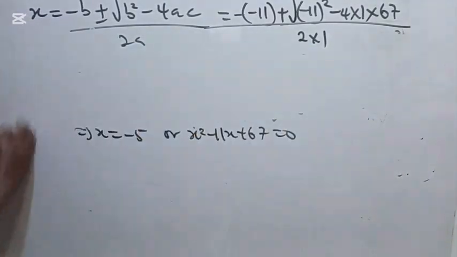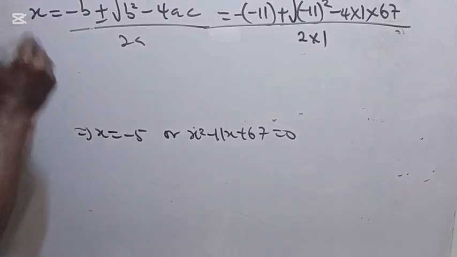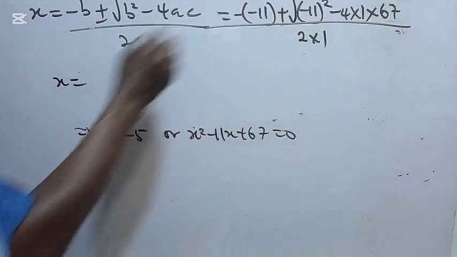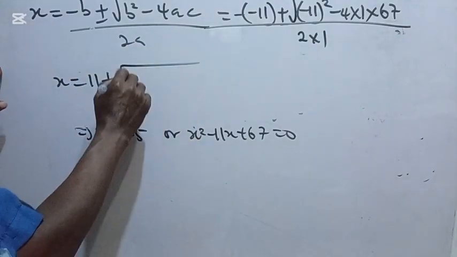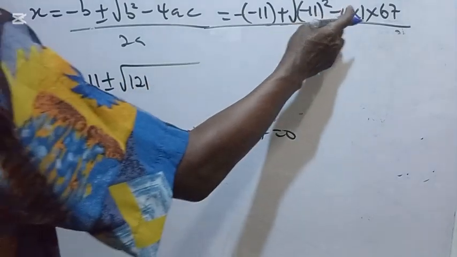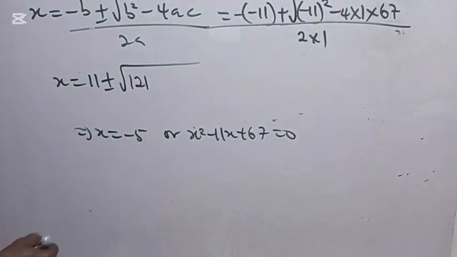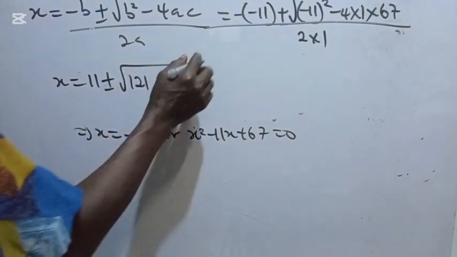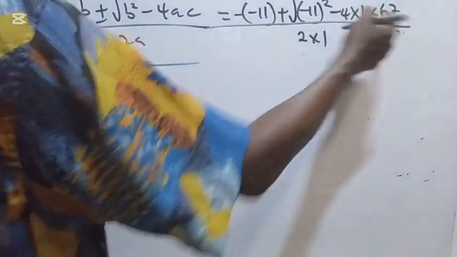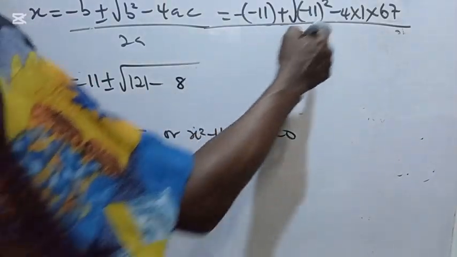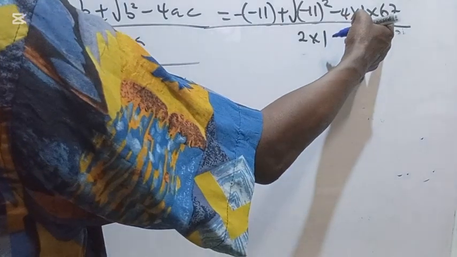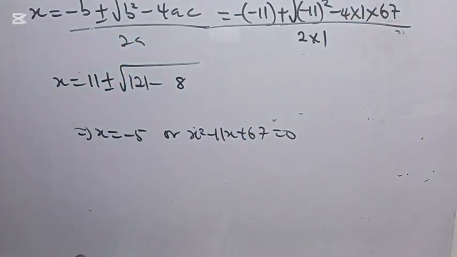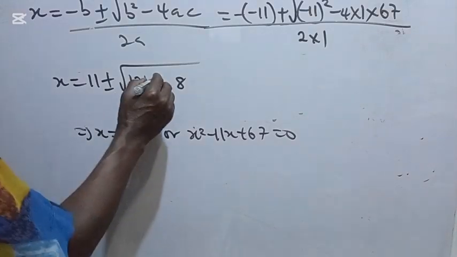Okay? So now x equals 11 plus or minus square root of 121 minus 4 times 67. 4 times 7 is 28, remaining 2. 4 times 6 is 24 plus 2 is 26.